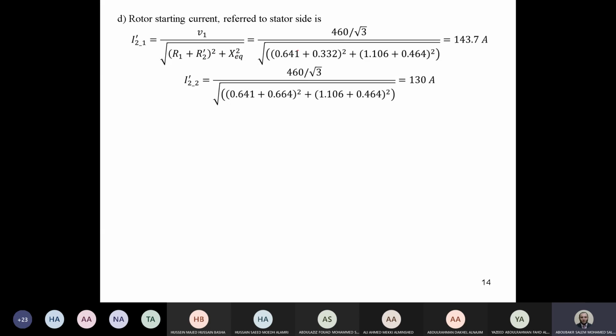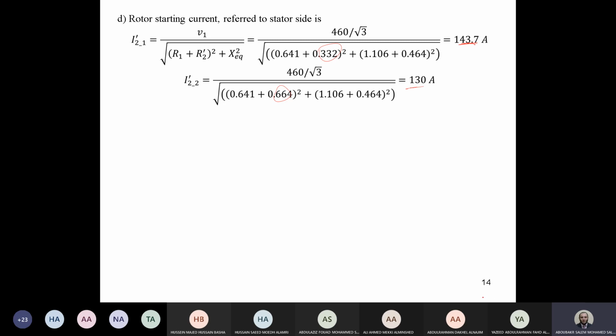So if we substitute in the equation here, you will get the value of current 143.7 amperes in the first case, where R2 prime was without any added resistance, and in the second case, if the resistance increased, by adding the same value of rotor resistance, we will have lower current, as you can see here. So everything here now is logical. By adding rotor resistance, the starting current should decrease.